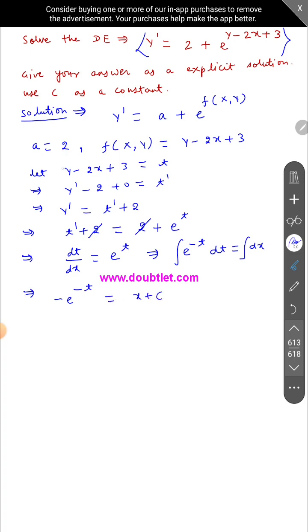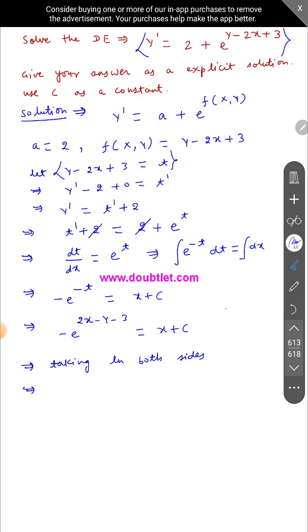And if we replace this t as y minus 2x plus 3 again, then we will get e to the power, this will become 2x minus y minus 3, with a minus sign, is equal to x plus c. And if we take log on both sides, just taking ln on both sides, what we will get?